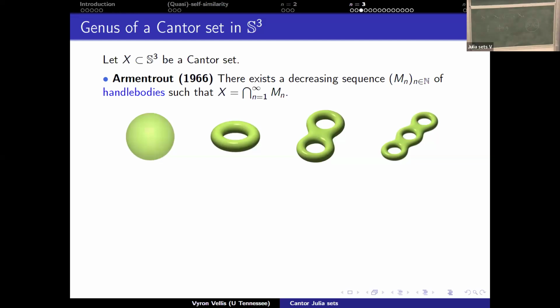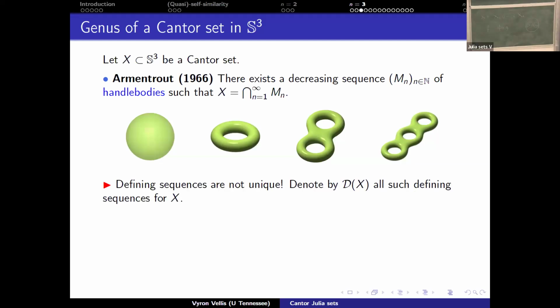However, defining sequences are not unique. In fact, for the standard Cantor set, this is one defining sequence, and another one is if I attach a handle, right? And maybe I'll attach here two handles, and another handle here. Maybe this is a ball, maybe this has three handles. So I got another defining sequence which produces exactly the same set.